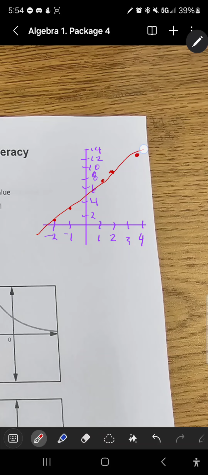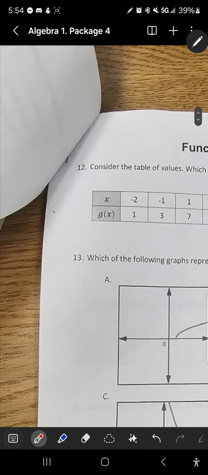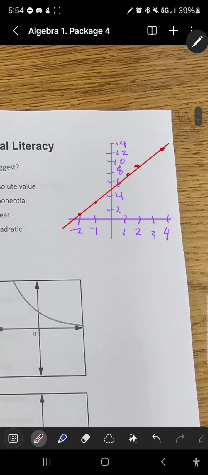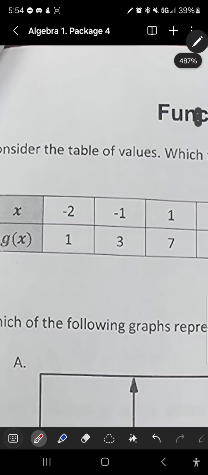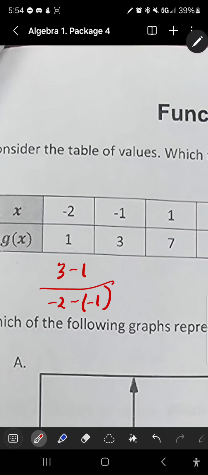So actually, this is very straight. And to prove that it is a linear graph, we can just do the slopes. So the slope from this one will be 3 minus 1 over -2 minus -1. Oh, actually this is -1 minus -2. Sorry about that. It's going to be 2.